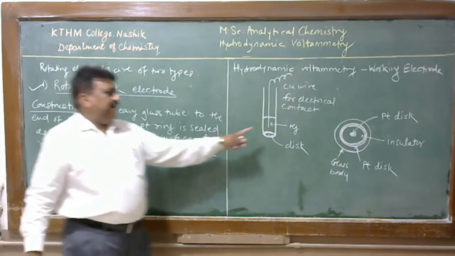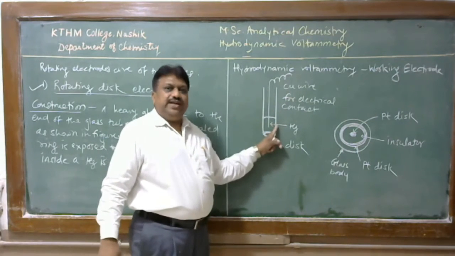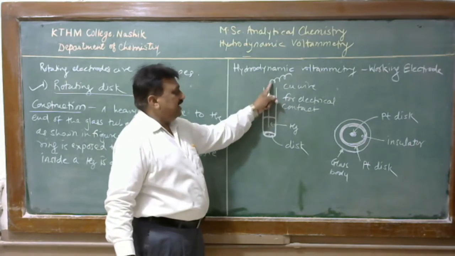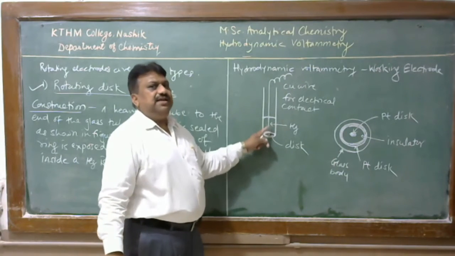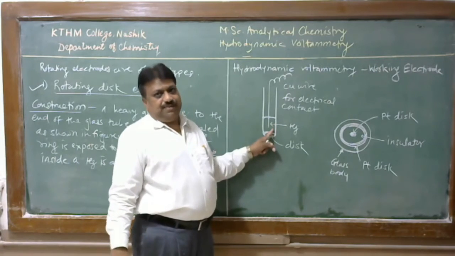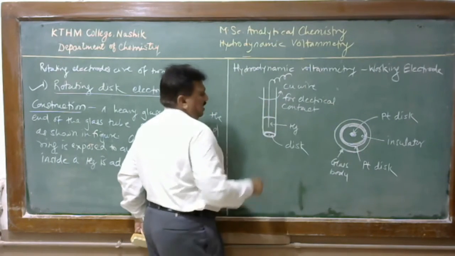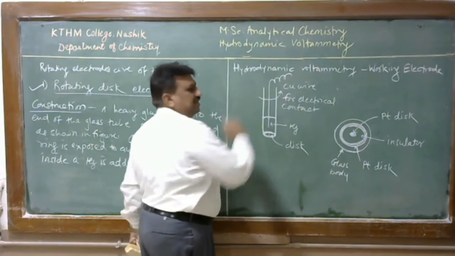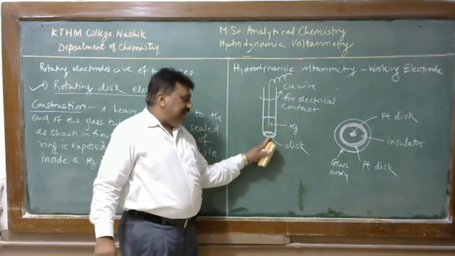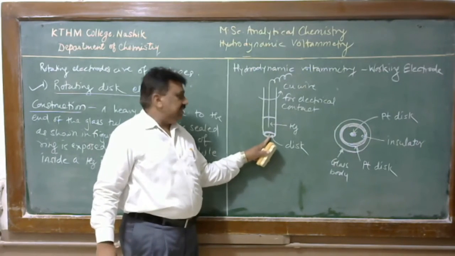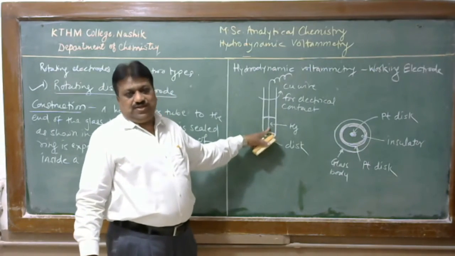The purpose of addition of this mercury inside this tube is that this electrode is rotating. If the wire is rotating, if they are sealed with this platinum disc, then that electrode is not stable. Therefore, when this electrode is rotating, this wire is not rotating. It is at a fixed position, and in order to maintain electrical contact between this disc and this copper wire, a mercury metal is used.